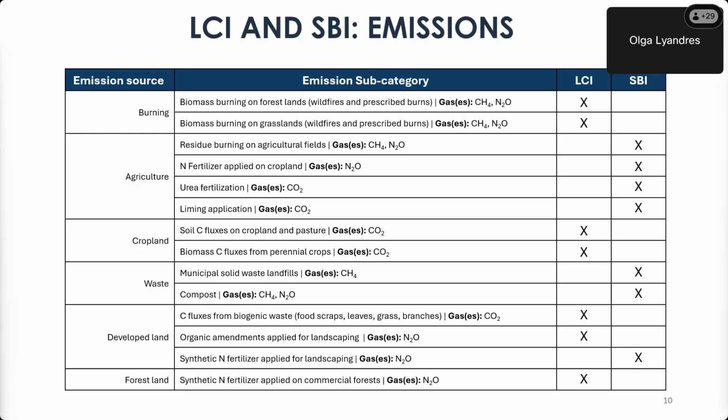All of those activities, which have annual emissions, are typically counted under the agriculture sector. That is consistent with the IPCC guidelines and with the national inventory, and in Oregon, that is under the sector-based inventory as well.